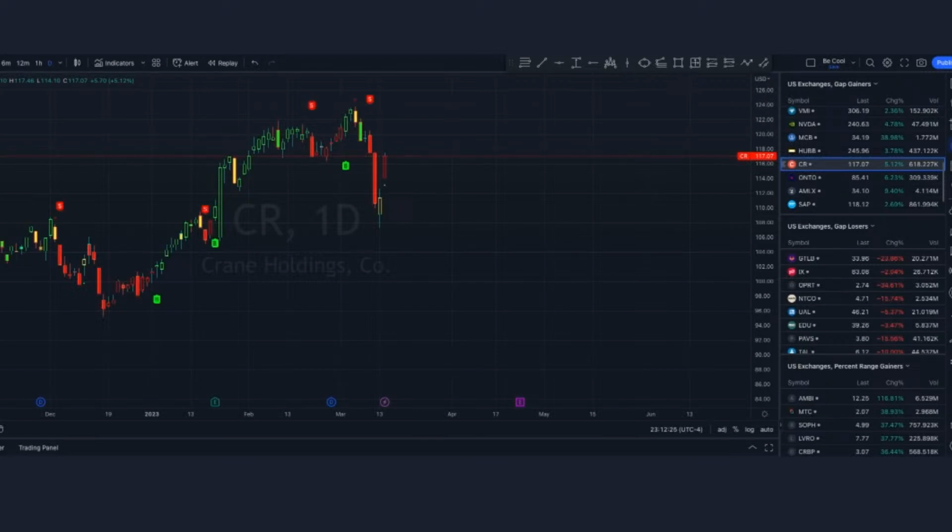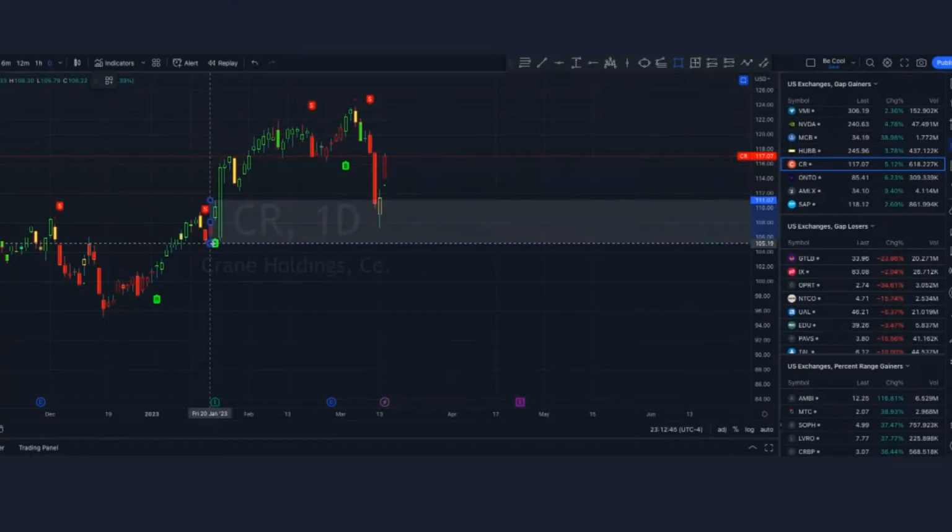So if you're playing fair value gaps, I'll show you exactly the importance of them. We had one set up nicely right here. This candle is crazy. So you'll take it from here, bam, right?